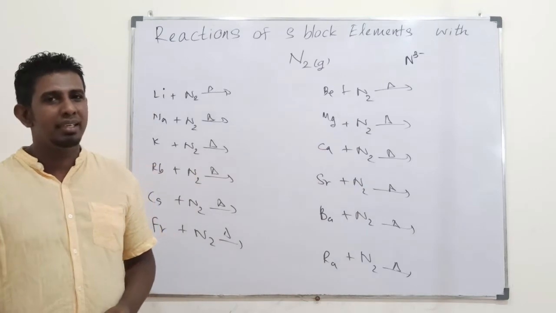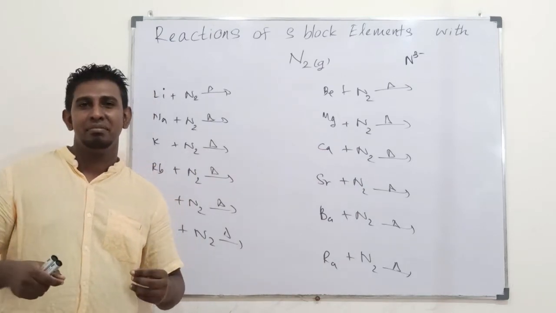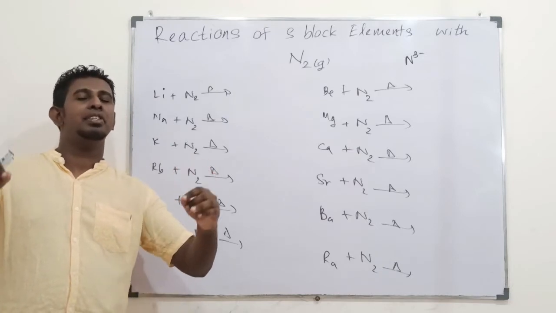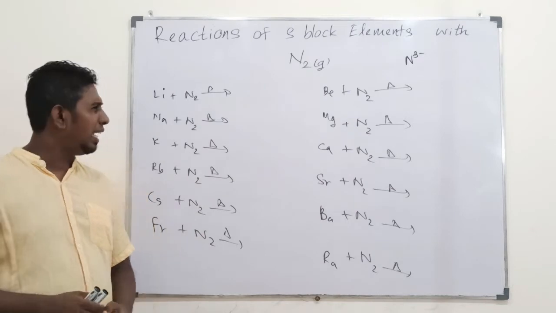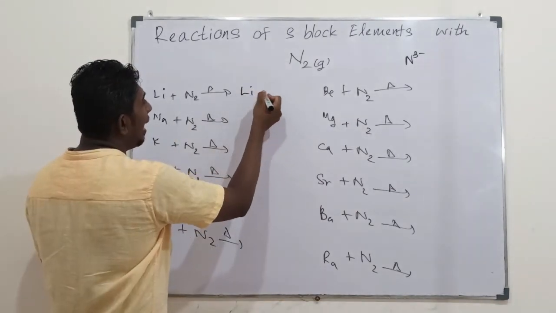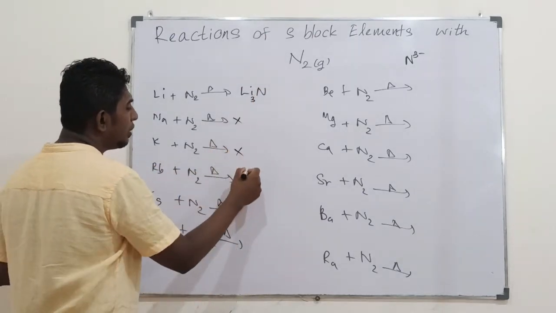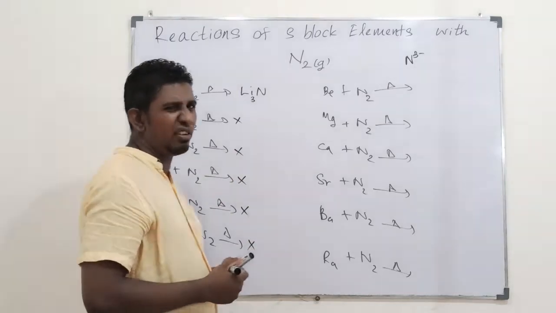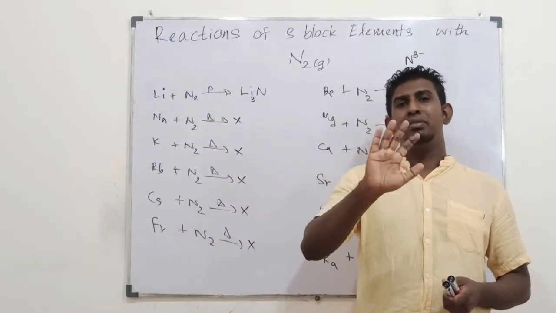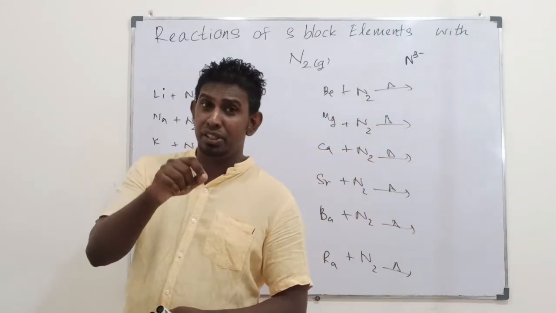Lithium only gets past this test, this ability of maintaining a stable nitride. All the other first group elements' nitrides are unstable except lithium nitride, so they do not form their nitride. They refuse. They can't form a stable nitride, so they do not react with nitrogen.